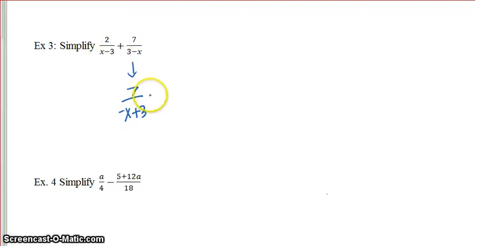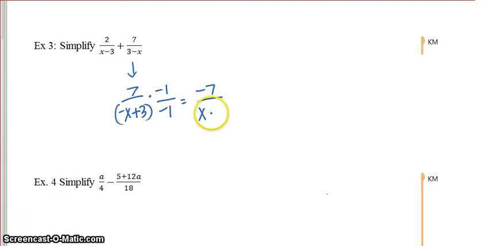So if I multiply the top and the bottom by a negative 1, that will get rid of the negative. So therefore, I'm going to have a negative 7 over, and that needs to be distributed. So it's a negative 1 times negative x, which is x, and then negative 1 times 3, which is a negative 3.